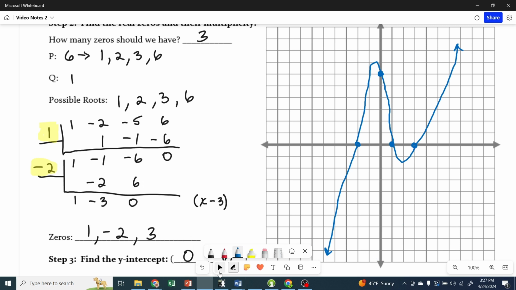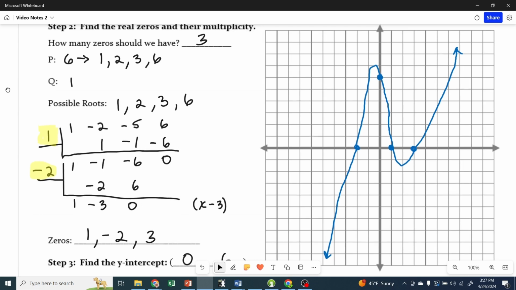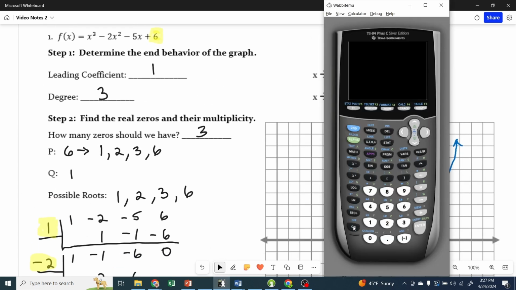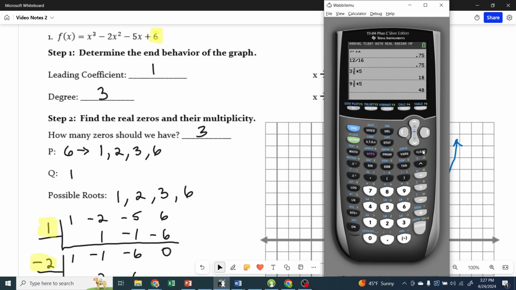So, as a means of checking our work and seeing how we did with sketching our graph, we're going to plug this in to our graphing calculator. So we're going to clear some stuff out here, and we're going to plug in x cubed minus 2x squared minus 5x plus 6.